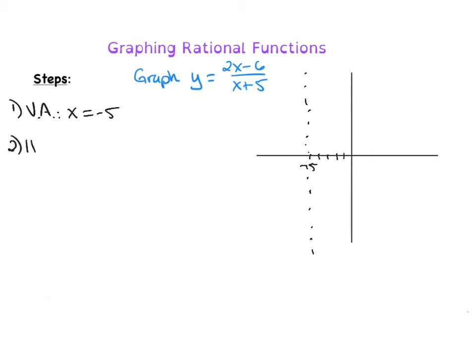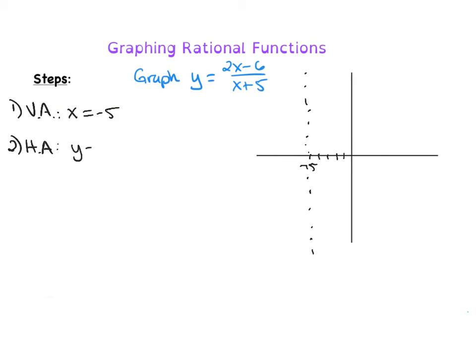Secondly, horizontal asymptotes. These come from comparing the degree of the numerator with the degree of the denominator. So if you look at this example, the degree in the numerator is a 1, and the degree in the denominator is a 1. So the degrees match.